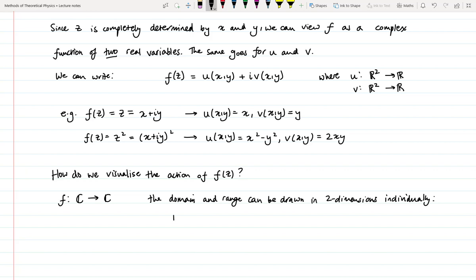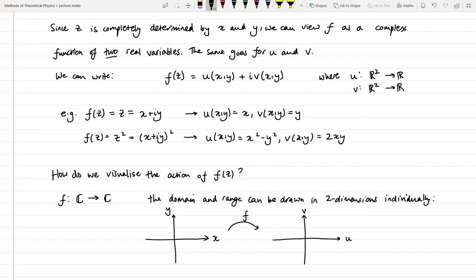In other words, our input is the complex plane, where the real part is x, the imaginary part is y. Under our complex function, f, this gets mapped to another complex plane, where now the real part is given by u and the imaginary part by v. Of course, drawing both of these together would require 4 dimensions, and 4-dimensional paper is hard to get hold of.